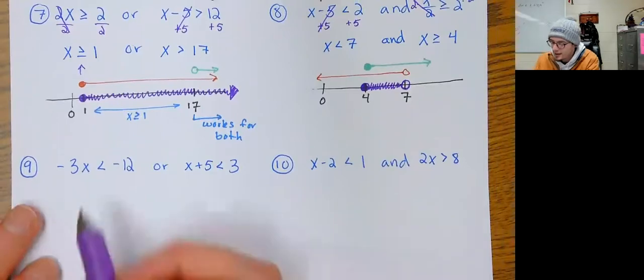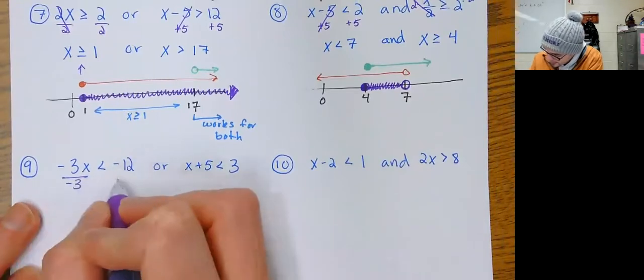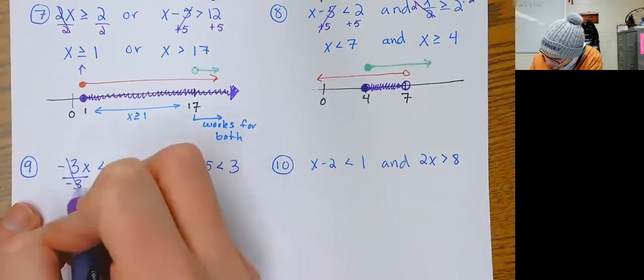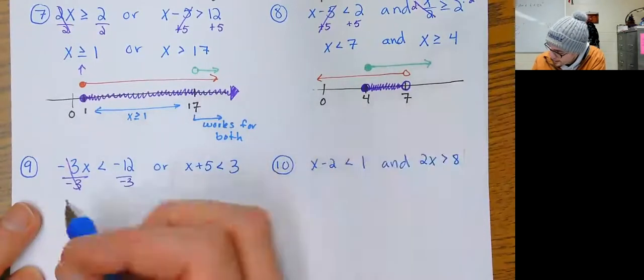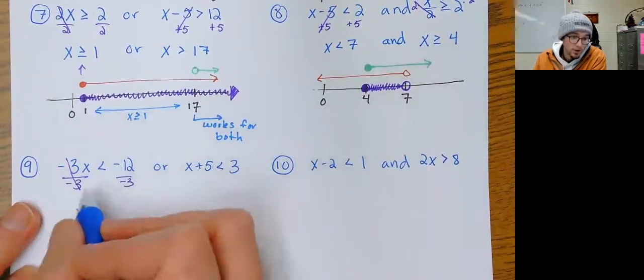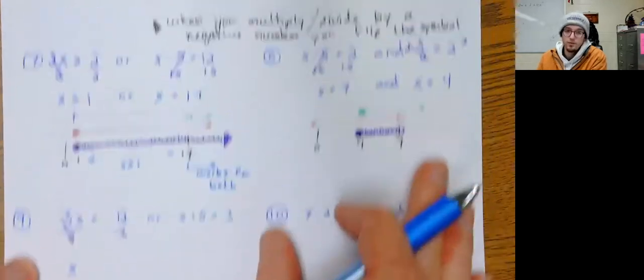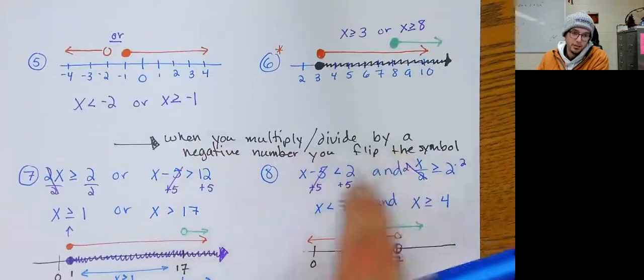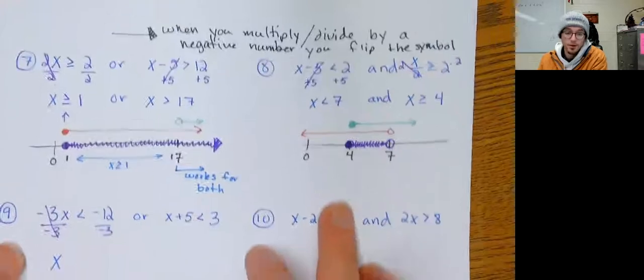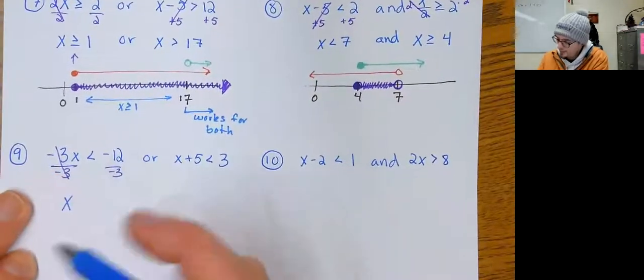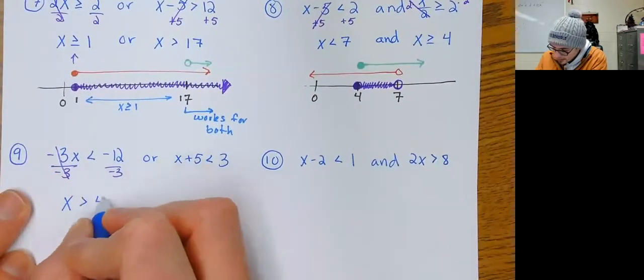Here, we're going to divide by -3. Divide by -3, cancels out. We're going to flip the symbol because when you multiply or divide by a negative number, you flip the symbol. I divided by -3, so flip the symbol. Don't forget.